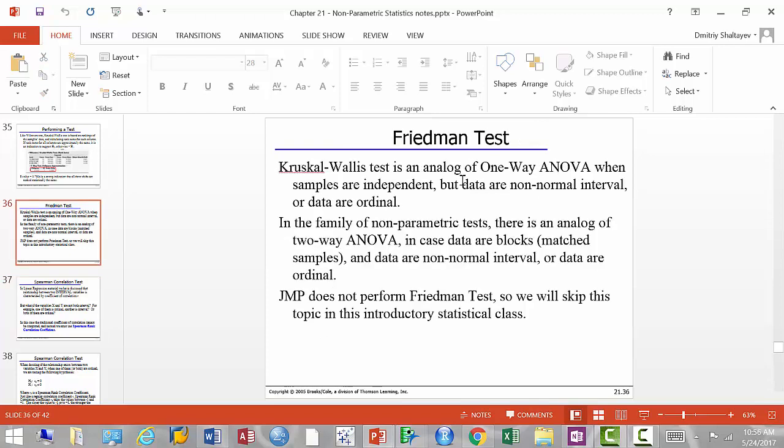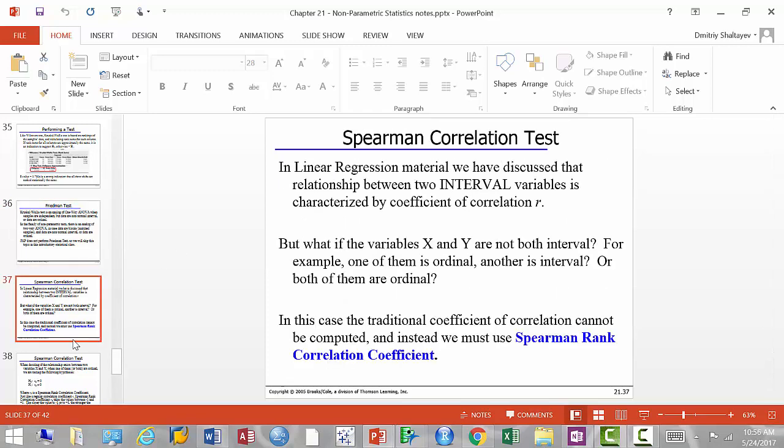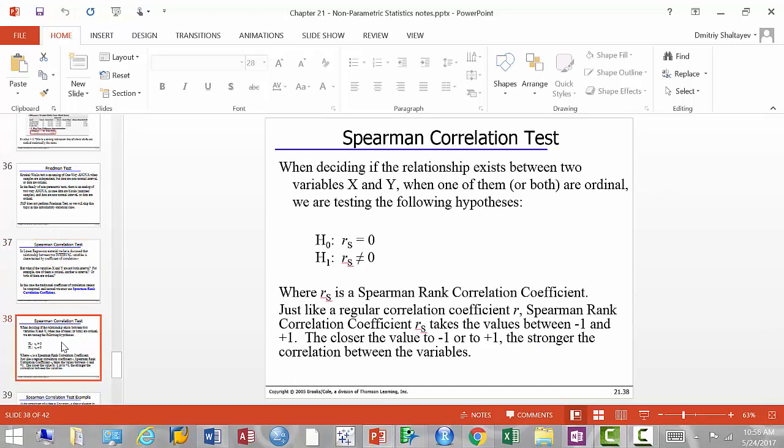Statisticians actually came up with something called the Spearman rank correlation coefficient. The idea is that the Spearman coefficient of correlation is computed not based on the numerical values that you have, but rather on their ranks. So we have variable x and variable y.